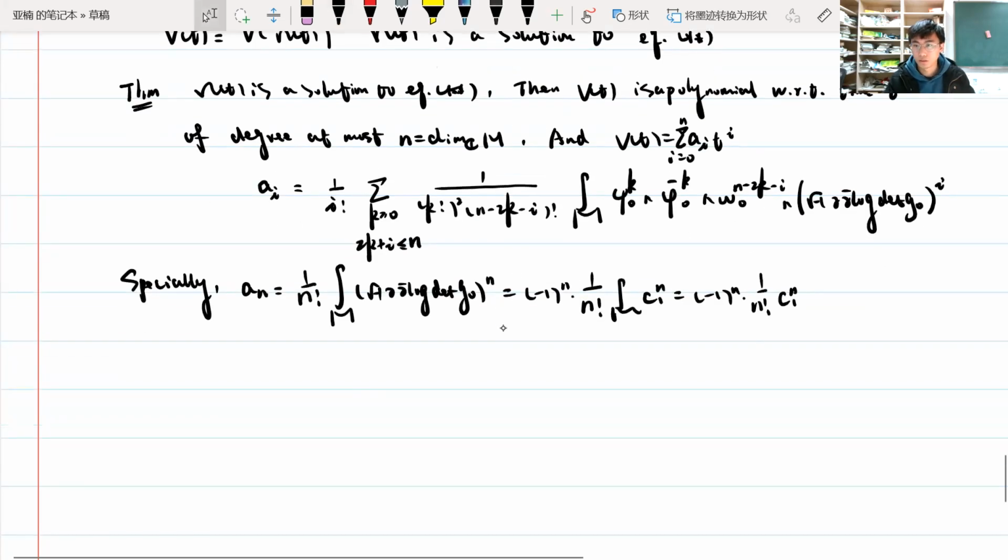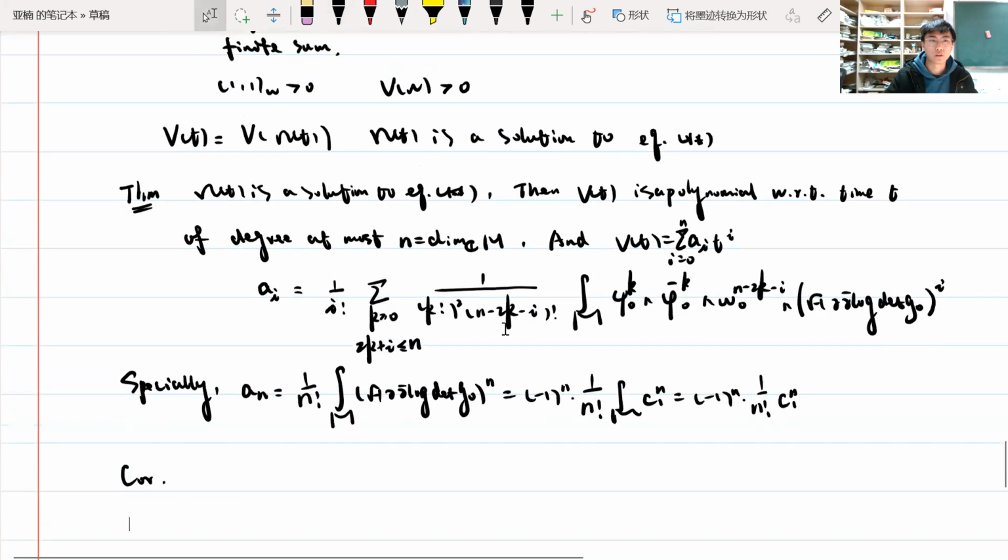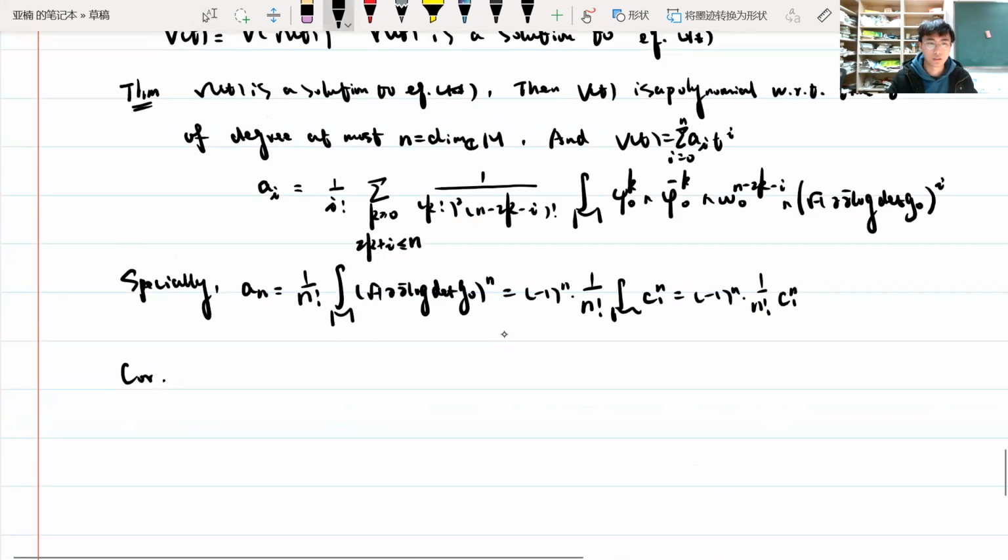It is a topological quantity, and so by definition, we can see that V(t) is always positive.